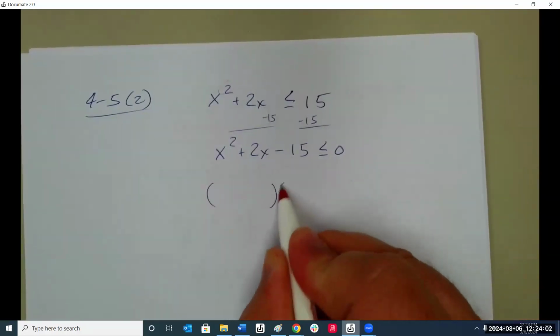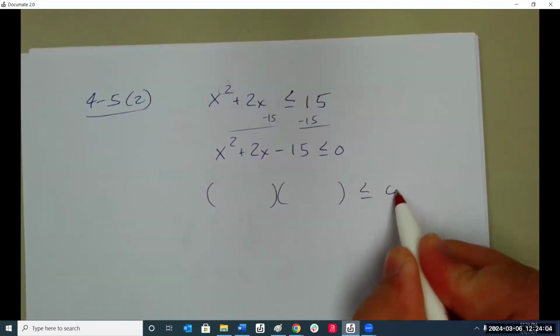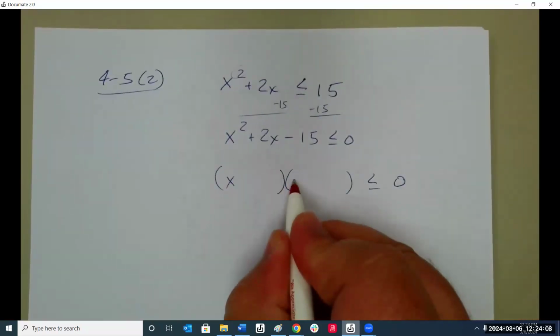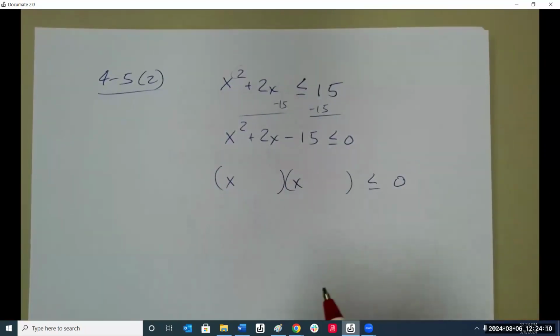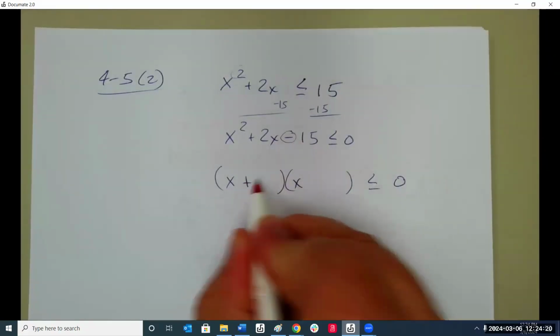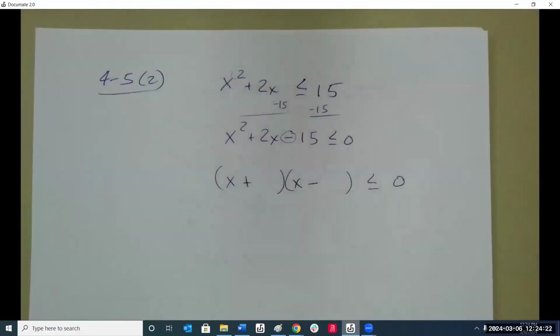Now, factor it out. What signs go there? Yeah, because the second sign is a negative, one's positive, one's negative, and the bigger number gets the plus.